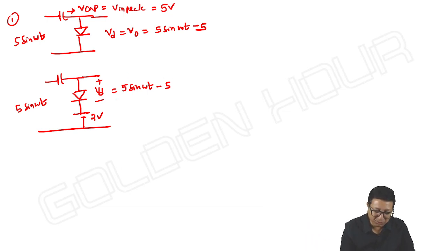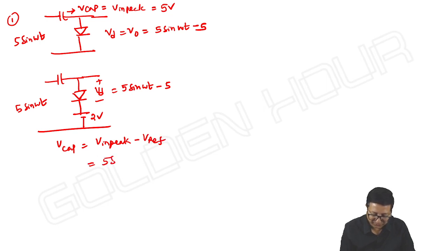But the output, if you take it, is equal to, or let me write V capacitor first, not an issue. What level is the capacitor charging to in this case? V capacitor is equal to V in peak minus V reference.